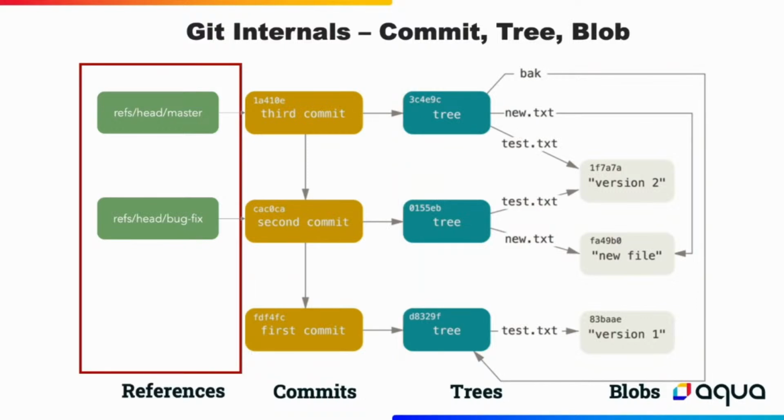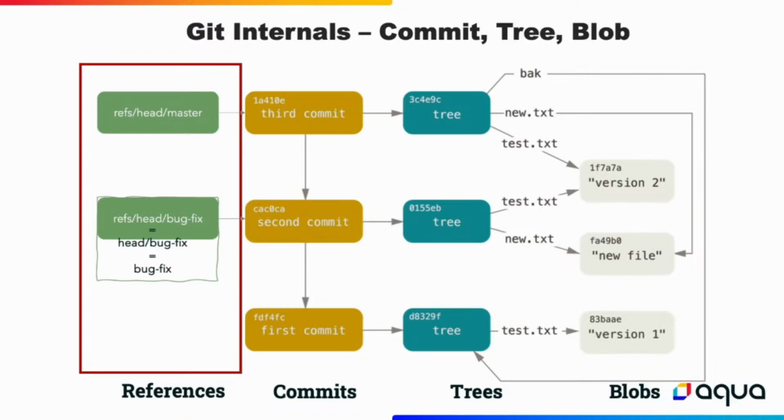The next subject I want to mention is branches and references. Basically, references are just pointers to Git commits. One type of reference is a branch. In this example, we can see that we have two references or branches called master and bugfix.